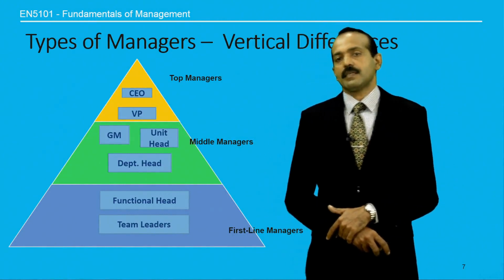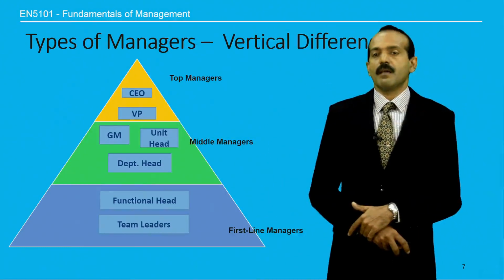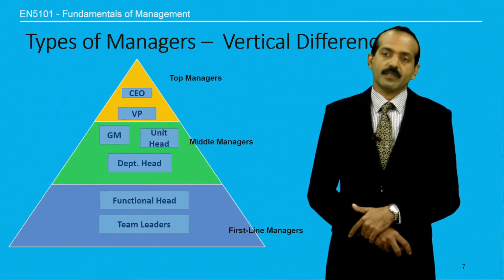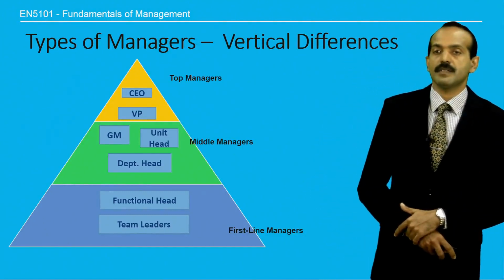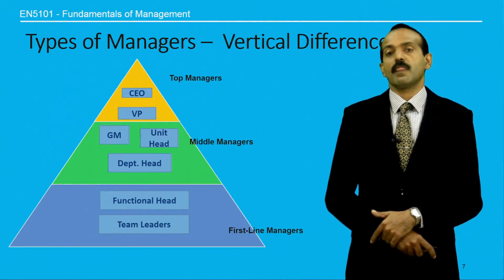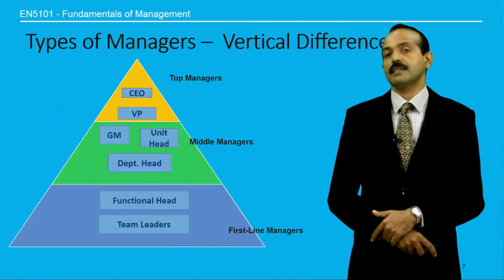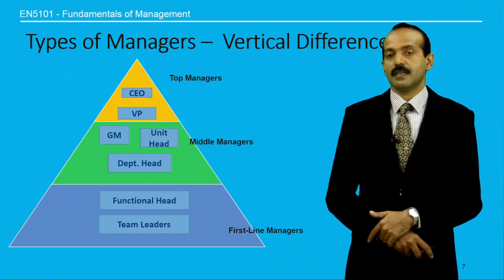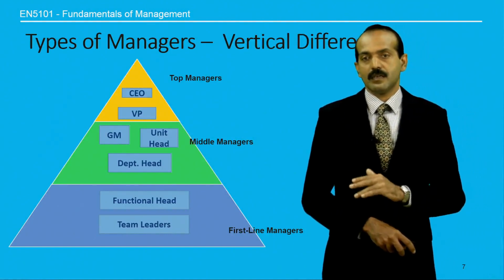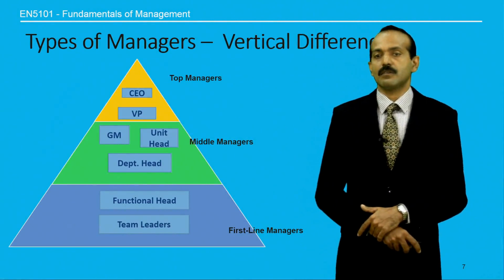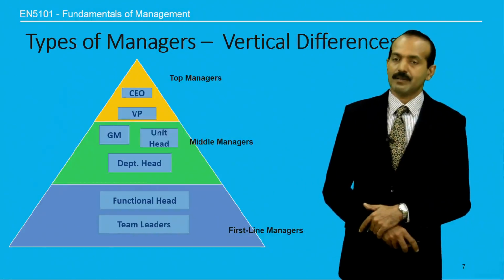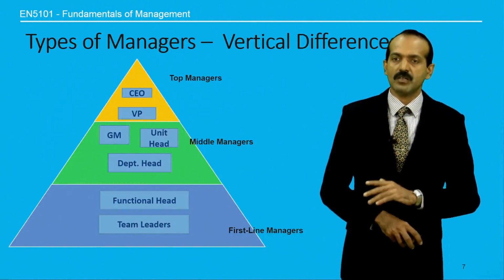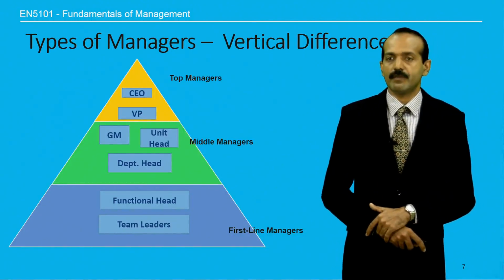For example, for a university, the top managerial positions are the vice chancellor, registrar, bursar, and the deans of the faculties. Likewise, in different organizations, these top management positions are identified in different manners. The others are also the same, depending on the organization.